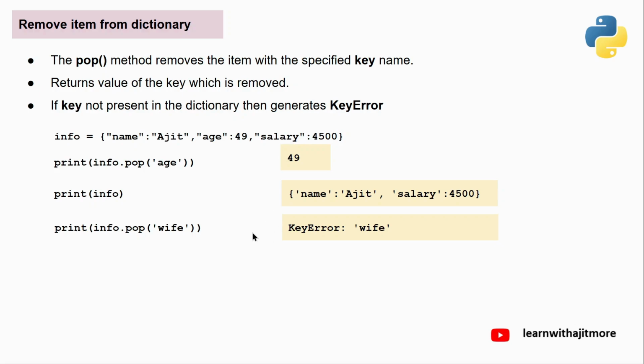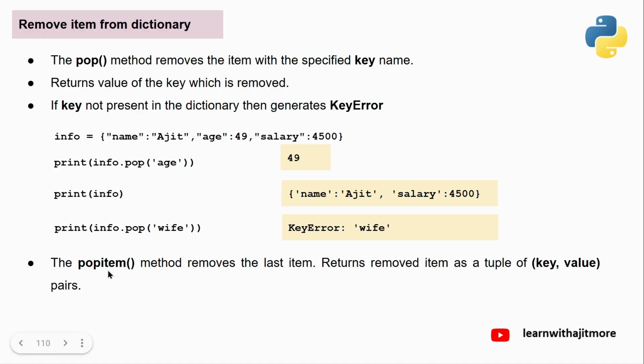See here, if you call info.popitem, it will by default remove the last item, and whichever last item is deleted, it returns that deleted item as a tuple of key comma value.